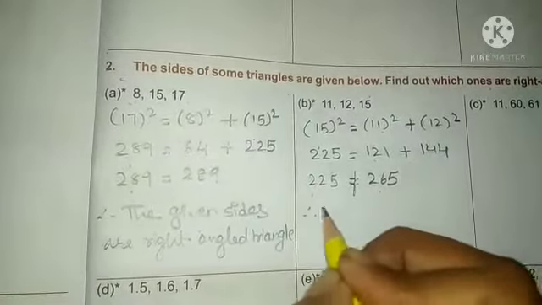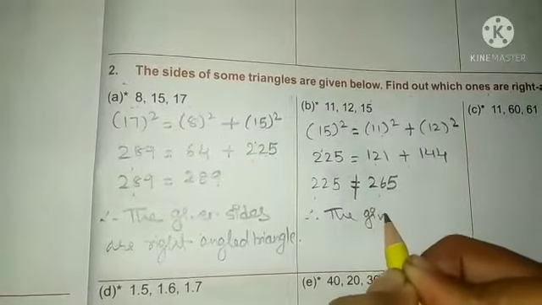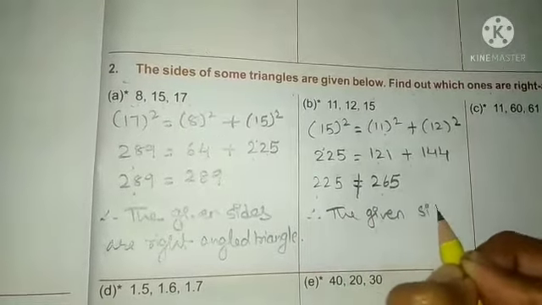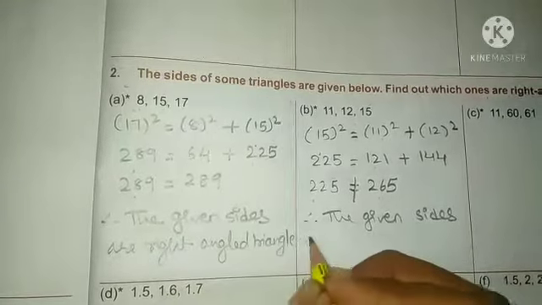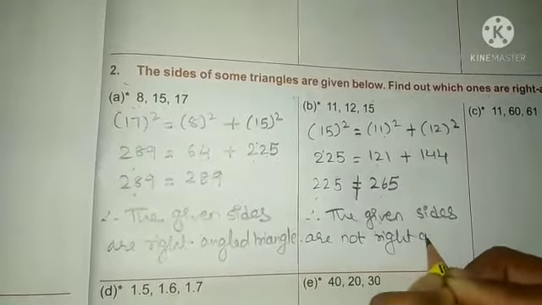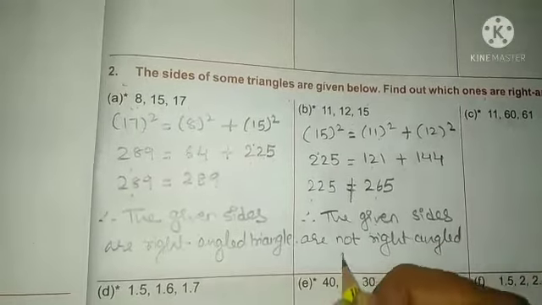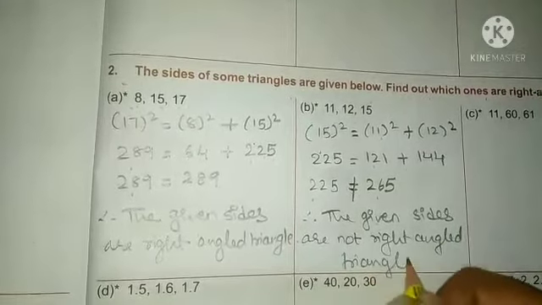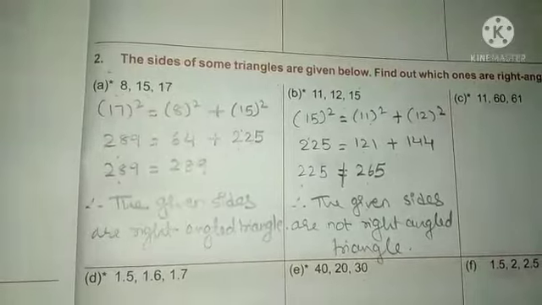Clear? So here we will write down, therefore the given sides are not a right angled triangle. Understood students how you will do this?